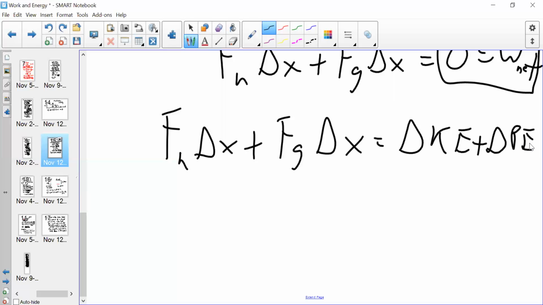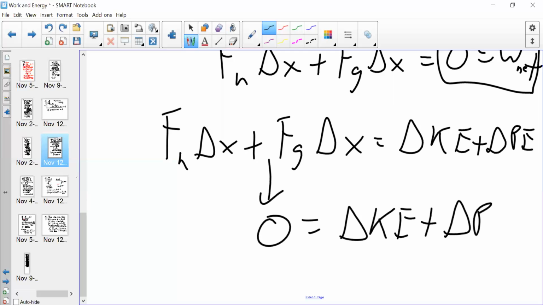And we've also shown that that's equal to net work, and the net work in a closed path by the conservative force of gravity equals 0. 0 is equal to delta KE plus delta PE. There is no change in the amount of energy in the system. It can change different forms, kinetic to potential, but the overall change in the system is 0 in a closed path.